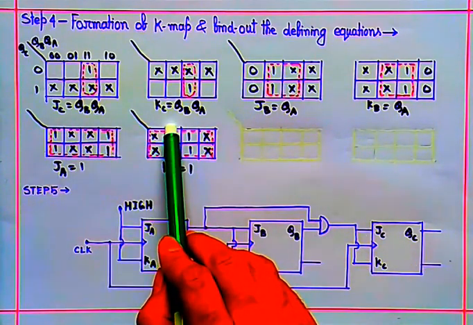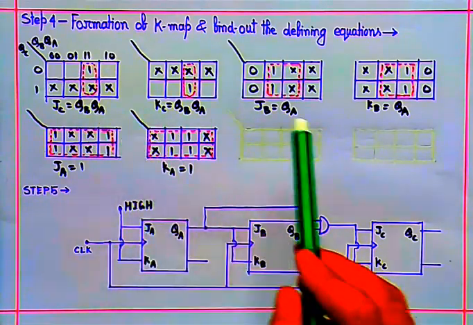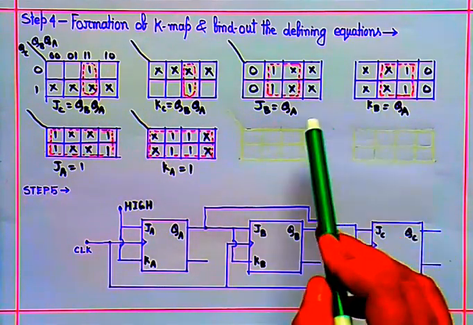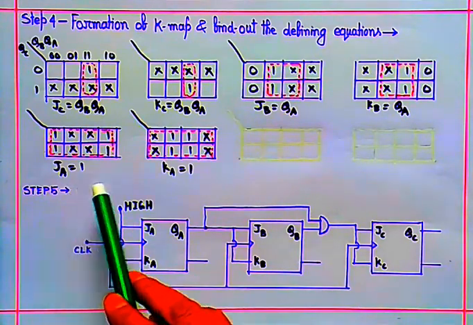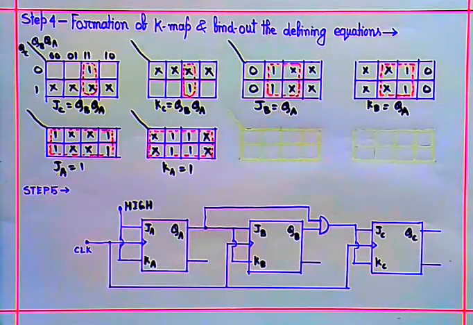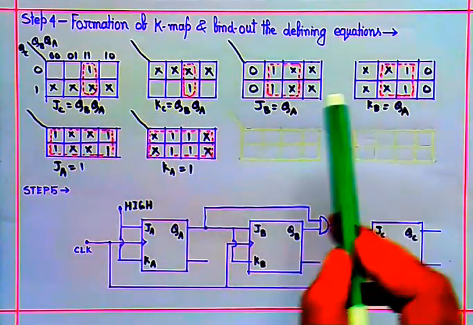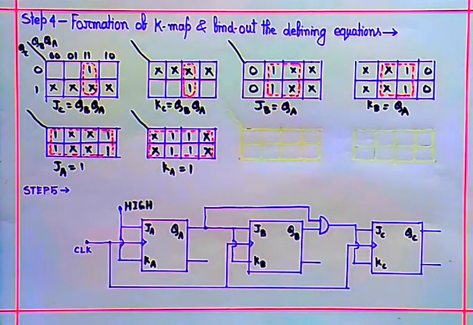JC, KC values are QB into QA, JB and KB values are QA, and JA, KA values are 1. Now using these defining equations, you have to form the ultimate connection diagram of the counter. That is your last step, step number 5.